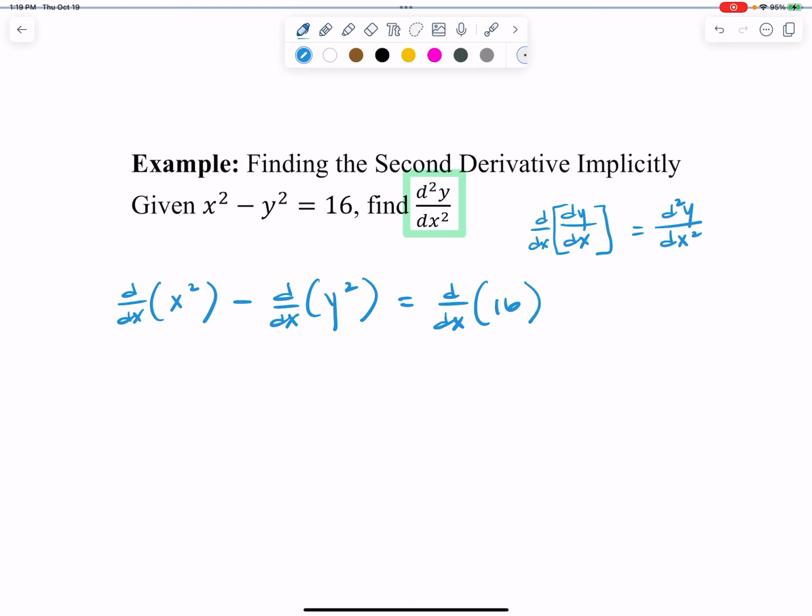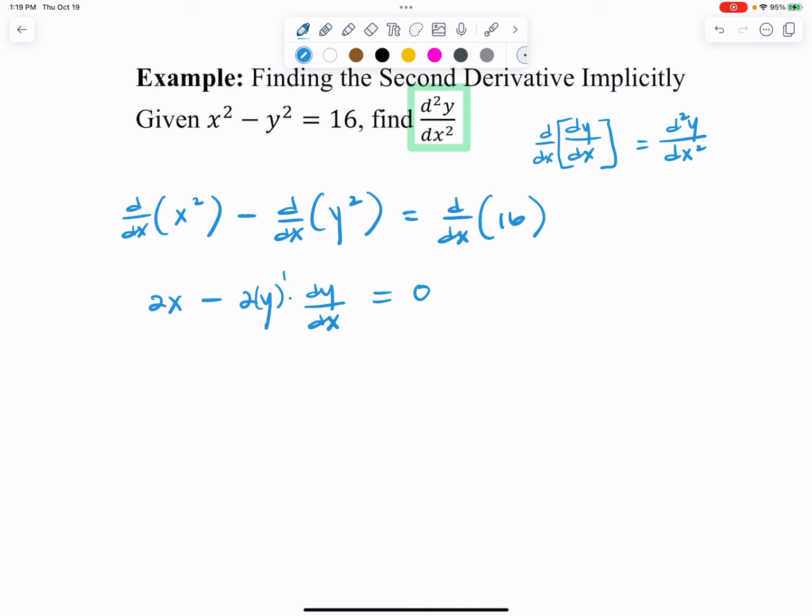Okay, so derivative of x squared with respect to x would be 2x, and then derivative of y squared with respect to x, we would think chain rule, so that will be 2y times dy over dx, right? Because derivative of the outside, leave the inside alone, times the derivative of y with respect to x would be the dy over dx. And the derivative of the constant would just be 0.